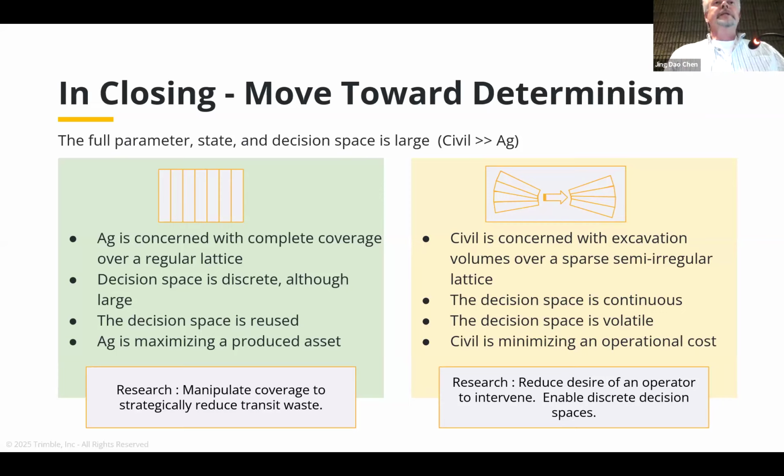The spray pattern I have for a particular field will work on Monday and will also work on Friday. However, in civil, the decision space is volatile. As soon as I apply the mass haul to a portion of the problem, the environment has changed and I have to recalculate. There is no reuse of the decision results from the previous activity. That makes it somewhat unique.